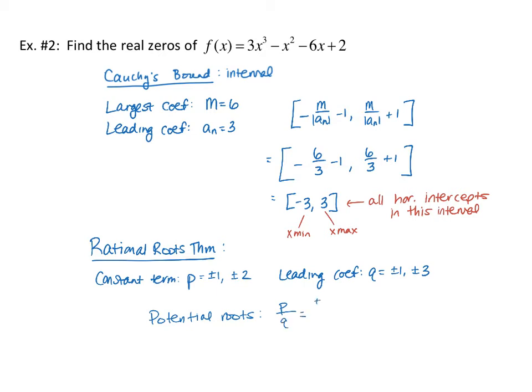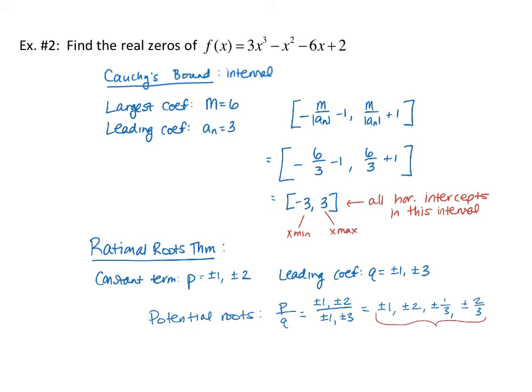So we're going to take positive and negative 1 and positive and negative 2, and divide that by positive and negative 1 and positive and negative 3, and list out all the possibilities. So 1 divided by 1 is 1. 2 divided by 1 is 2. 1 divided by 3 is 1/3. 2 divided by 3 is 2/3. This is the list if you count the plus and the minus.